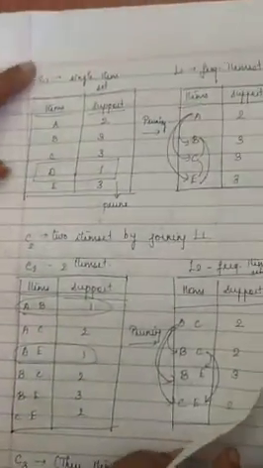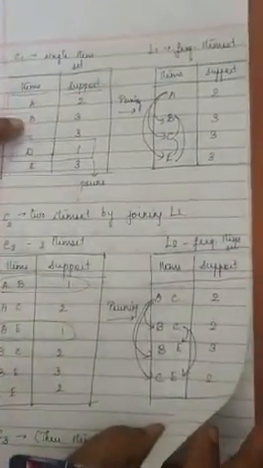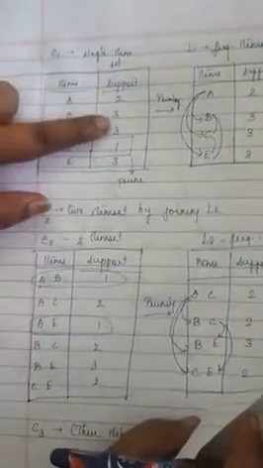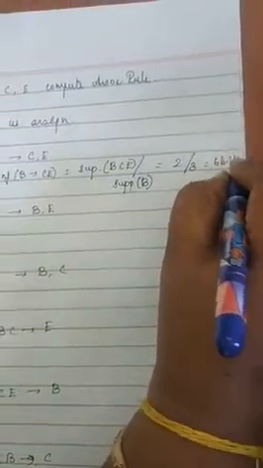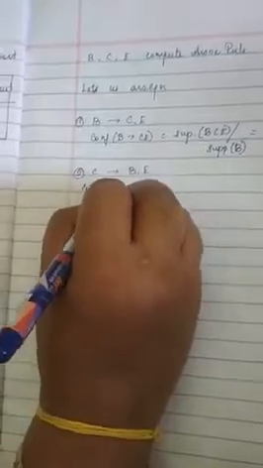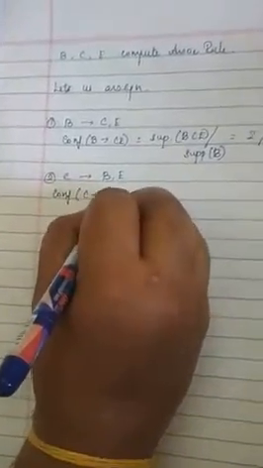So 2 by support of B. We already have here the single item set. Support for B is 3. So the answer is 66.66. Next, similarly we have to calculate the confidence for all the 6 association rules.